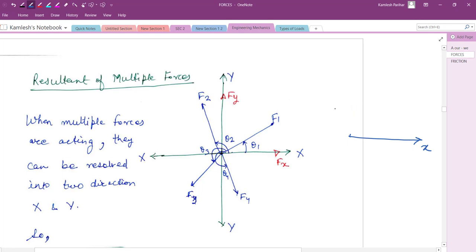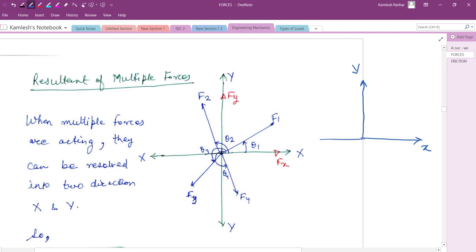So the perpendicular to it will become the y-axis. Okay, x-axis and y-axis. Now what we need to do? Now we will resolve all these forces along this x and y-axis.